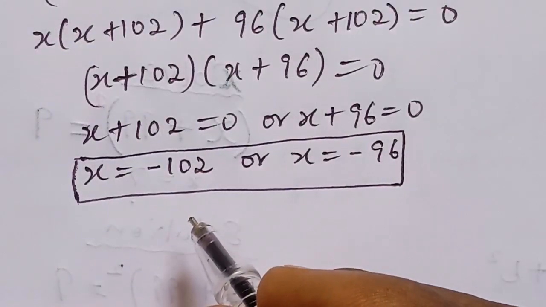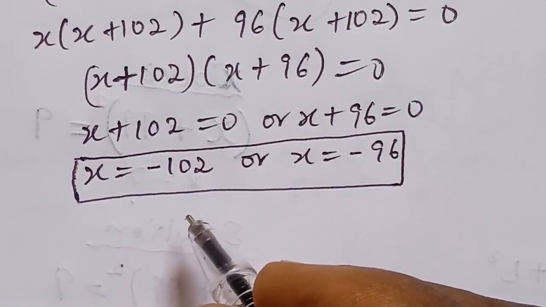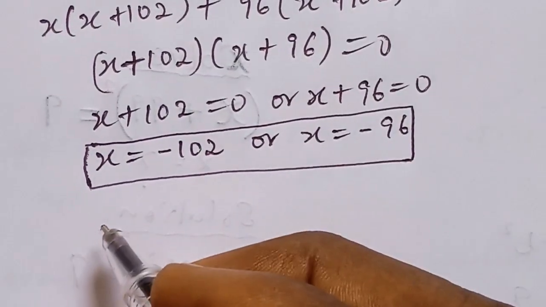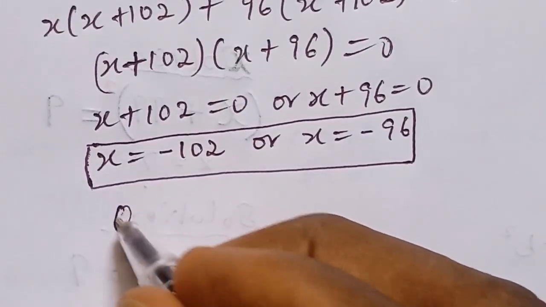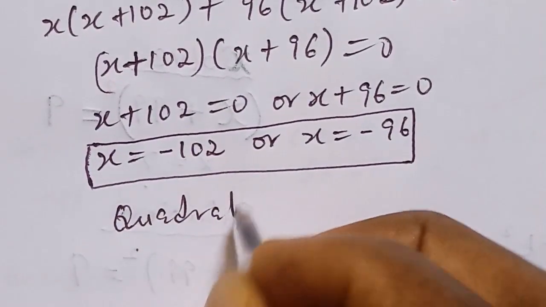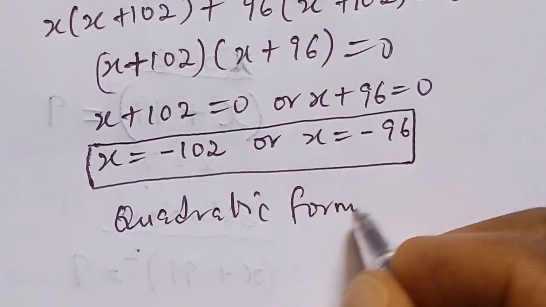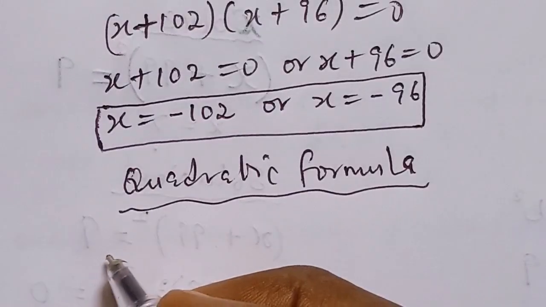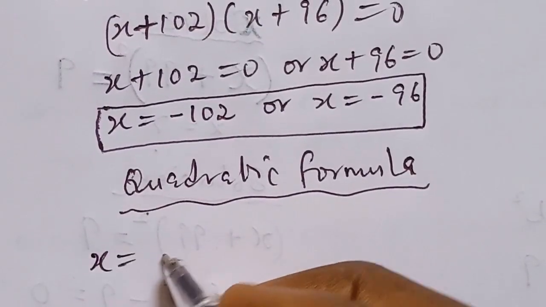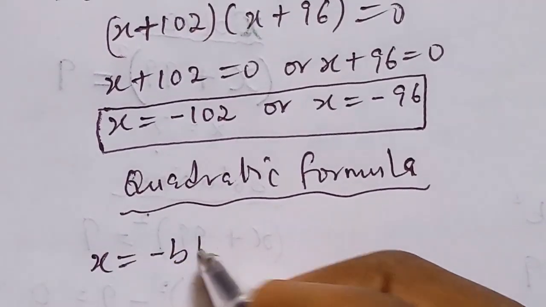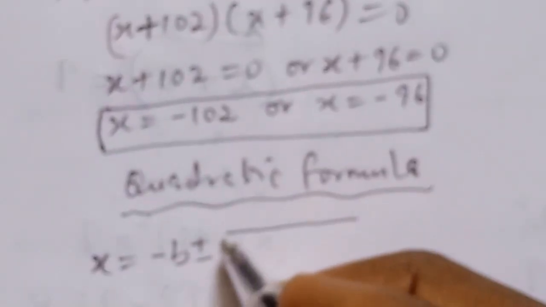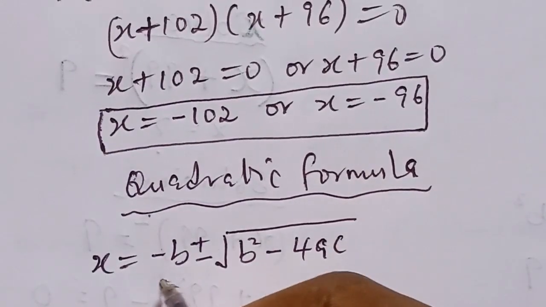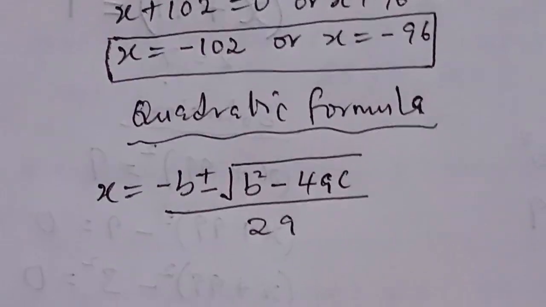Now we can also approach this with the quadratic formula. So let's use the quadratic formula as well to solve this. For the quadratic formula, we have x equal to minus b plus or minus square root of b squared minus 4ac over 2a.